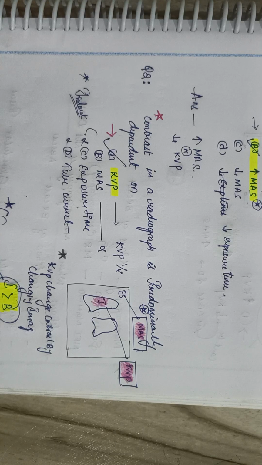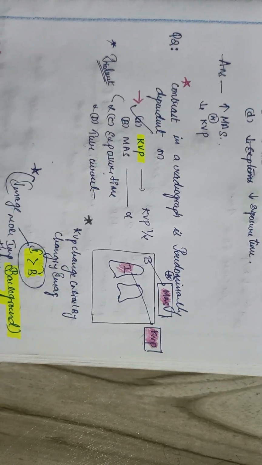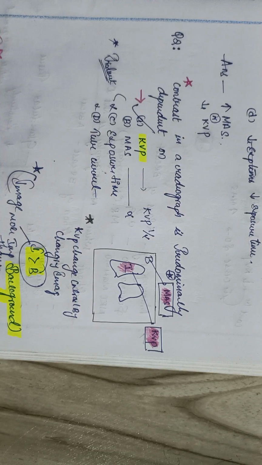If you look at this X-ray, this is a lung, you have a surrounding background. kVp changes the contrast by changing the image. The background is the same. mAs gives the background, and kVp gives the imaging point.